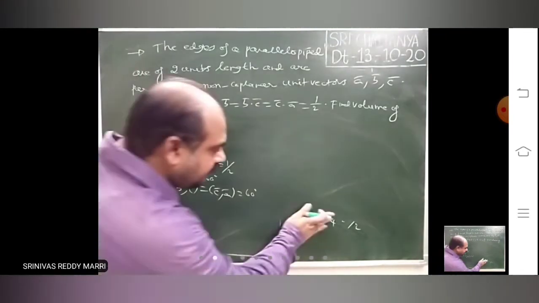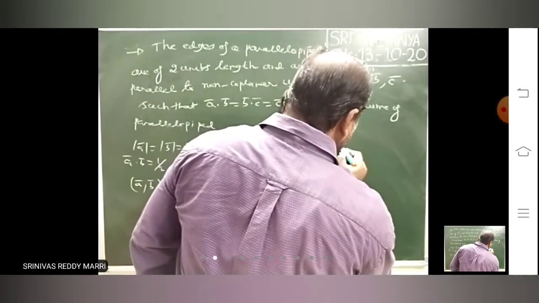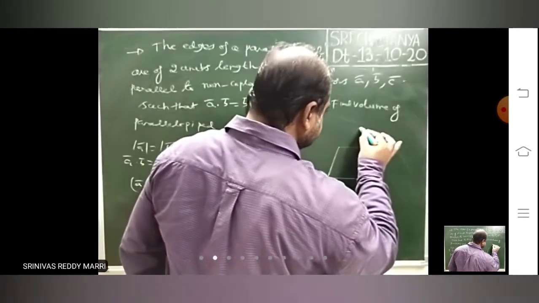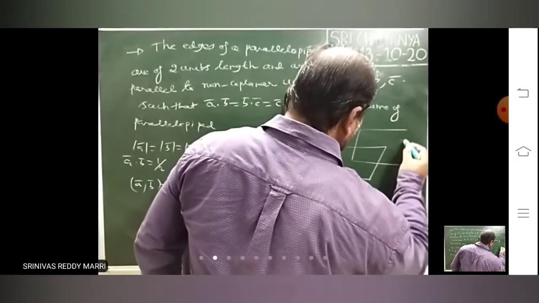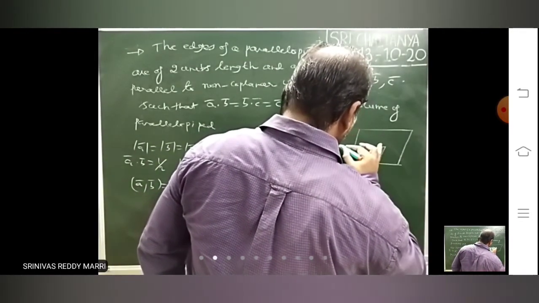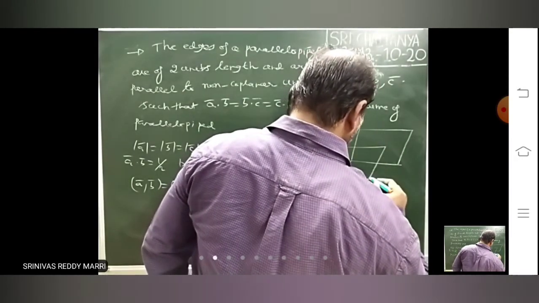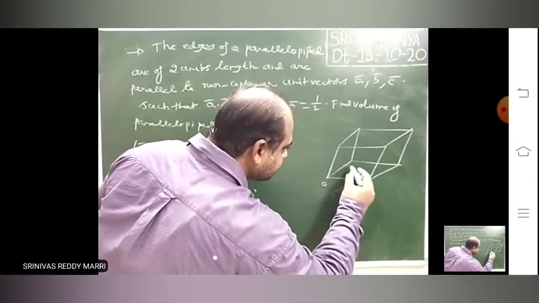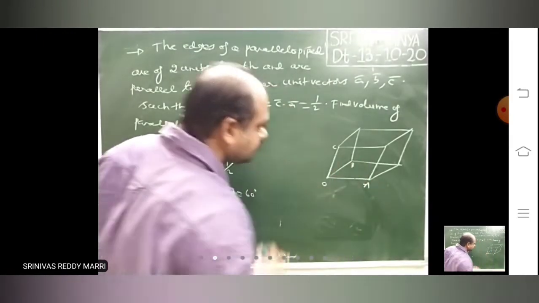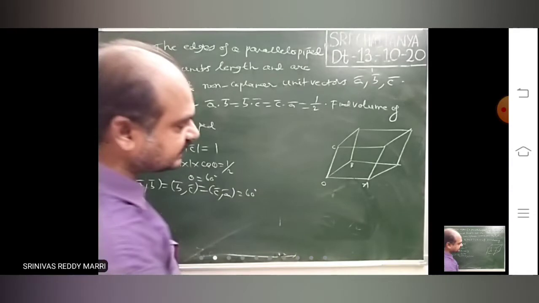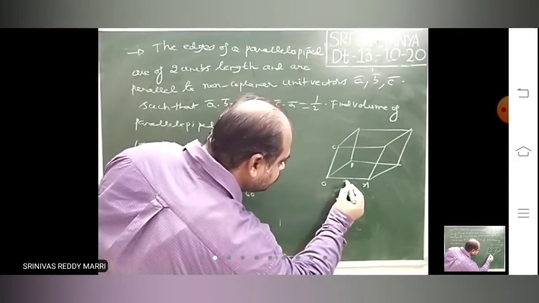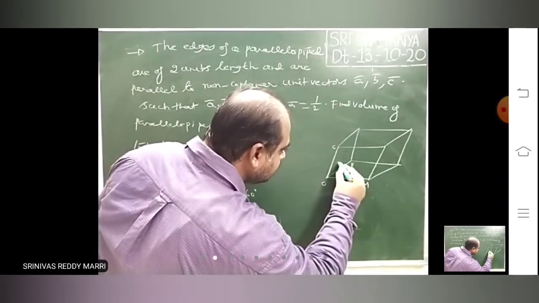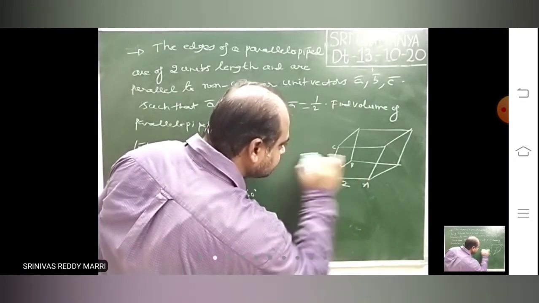So now the parallelepiped is there like this. Draw the diagram. Whose edges, each edge is of length 2.